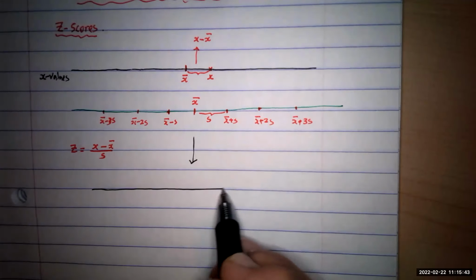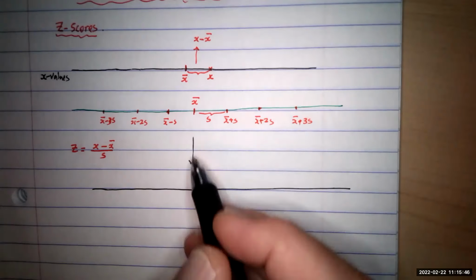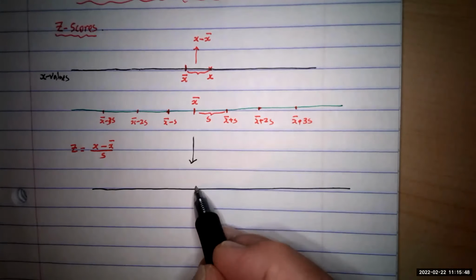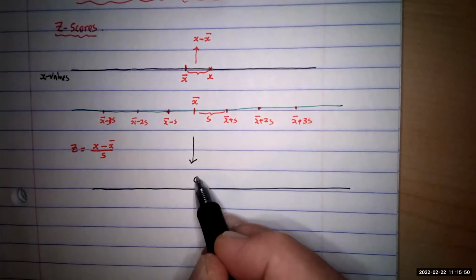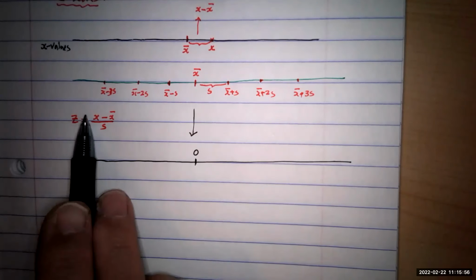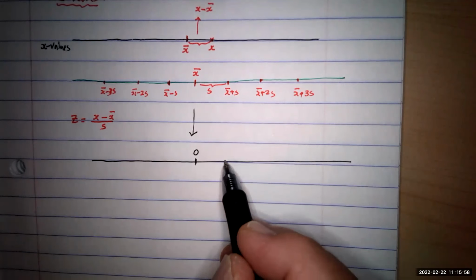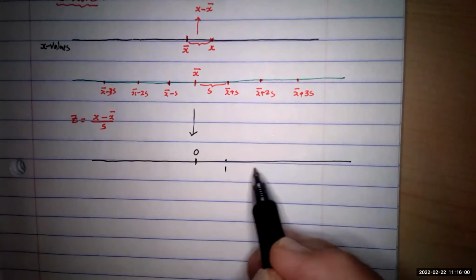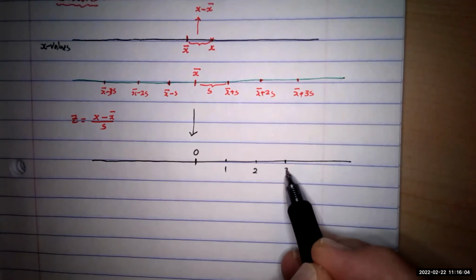So look at this now. Instead of the X bar, I'm just using the 0, but this is in terms of standard deviation. So this means 0 standard deviation. Then I put this one to be equal to 1 standard deviation, 2, 3.